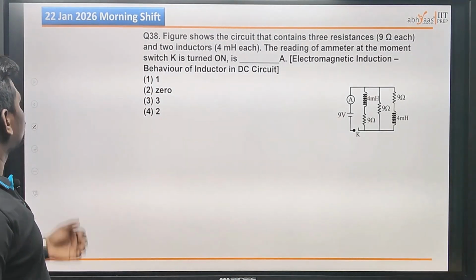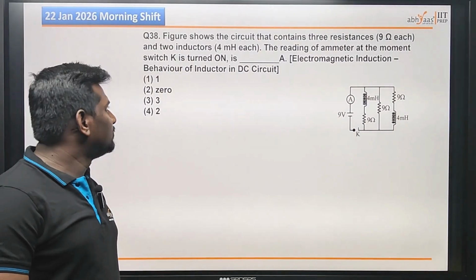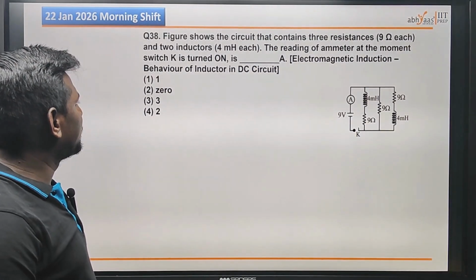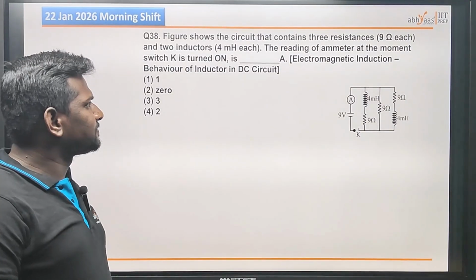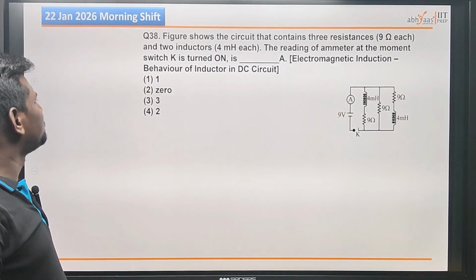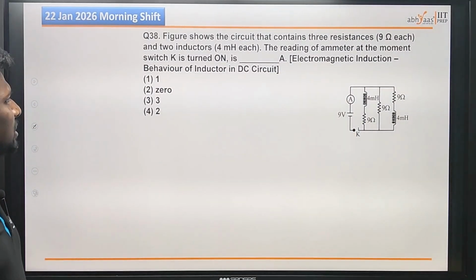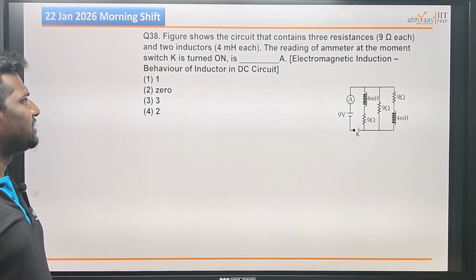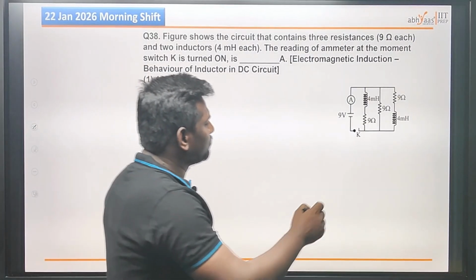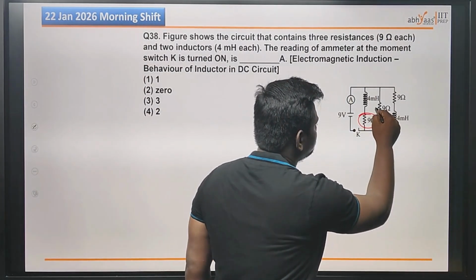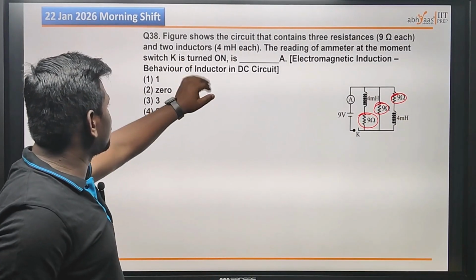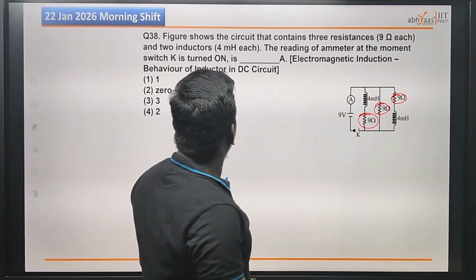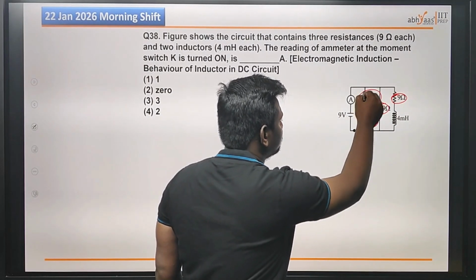So next one, question number 38, which is from electromagnetic induction, based on the inductor. Figure shows an electric circuit that contains 3 resistors of 9 ohm, and 2 inductors having 2 millihenries.